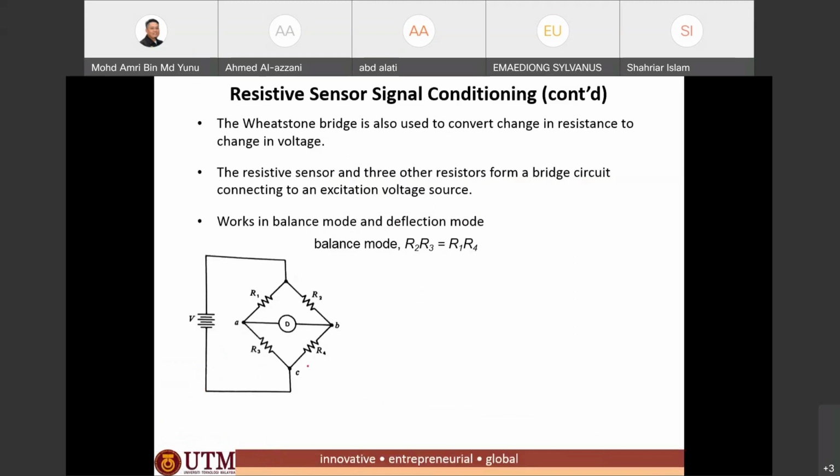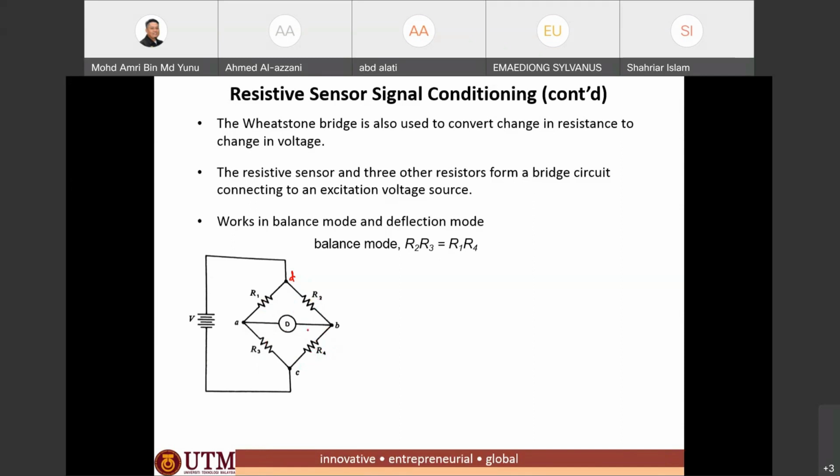The Wheatstone bridge consists of four arms, or four parts. Here we see R1, R2, R3, and R4, and R2 or R4 can be our sensor, or our transducer, where the resistance changes.